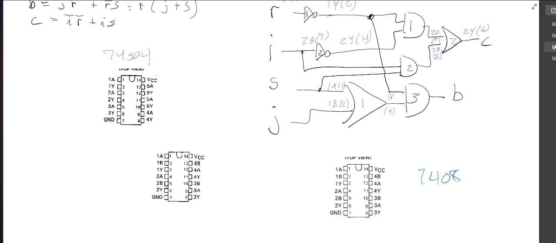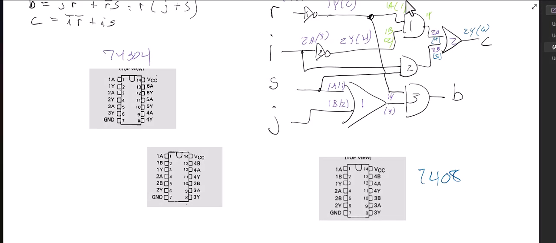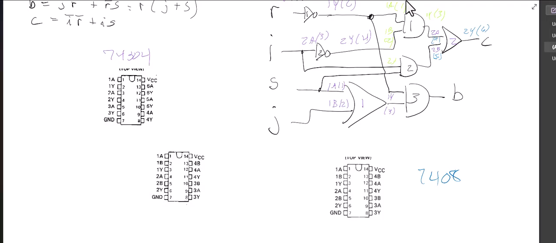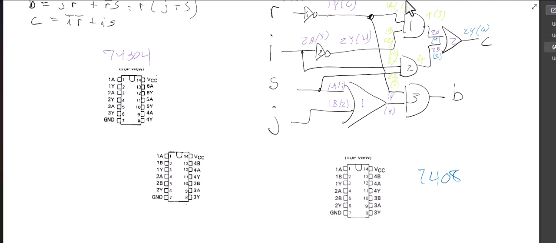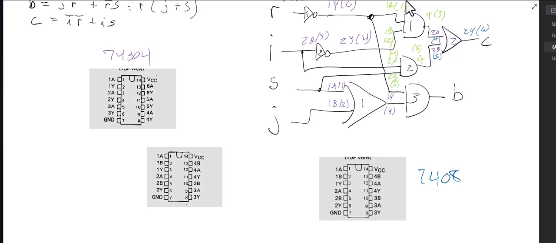So our AND gate, this will be 1A, 1B, and 1Y. And 1A is pin 1, 1B is pin 2, and 1Y is pin 3. And this is 2A, 2B, 2Y. 2A is pin 4, 2B is pin 5, and 2Y is pin 6. I'm sorry, the handwriting is so bad.